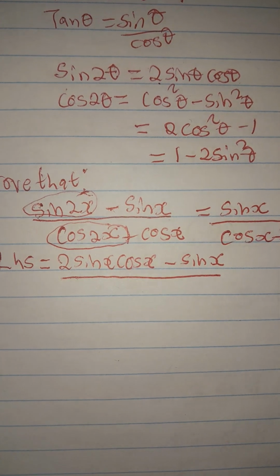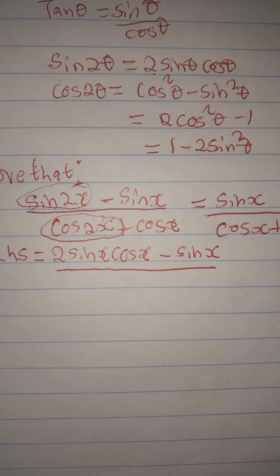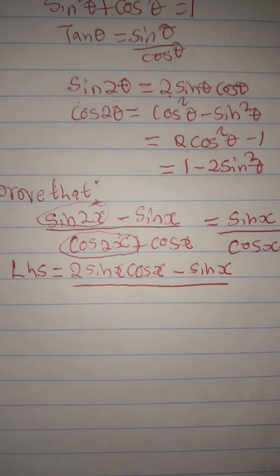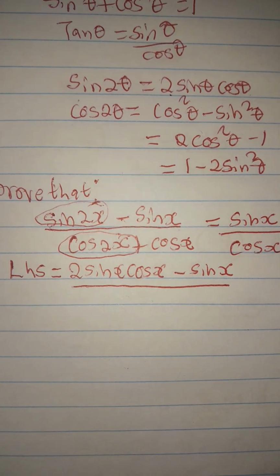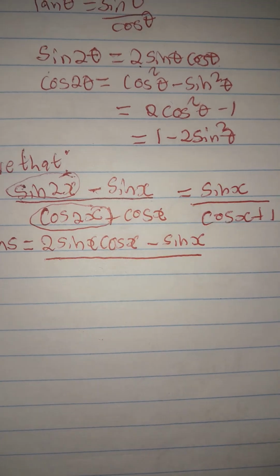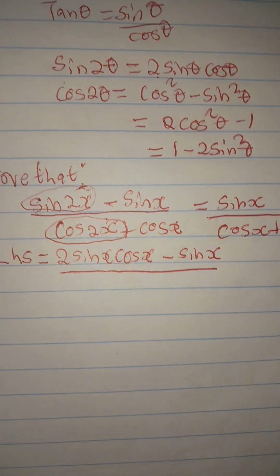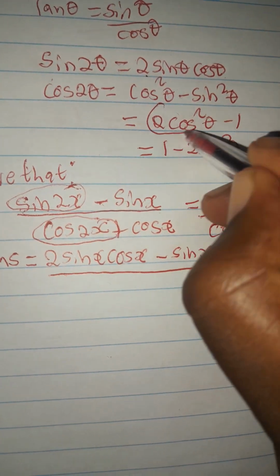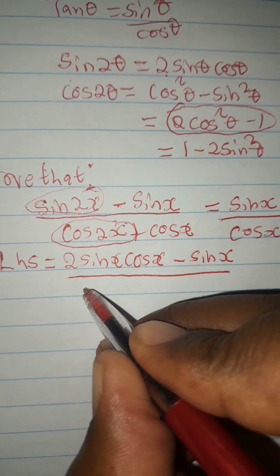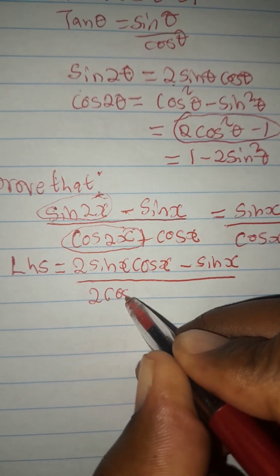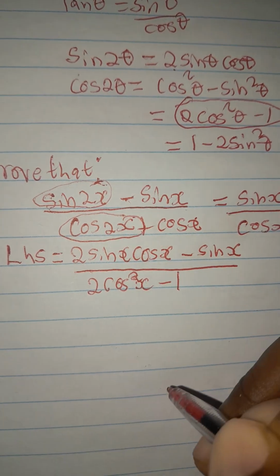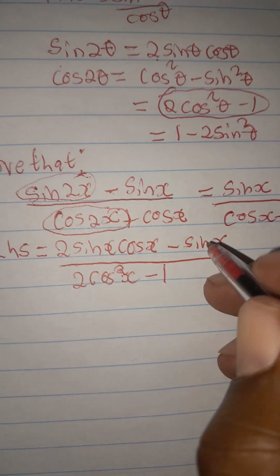Since our denominator has cos from the right hand side, what about taking this one? This is suitable. So we are going to say 2 cos squared x minus 1.